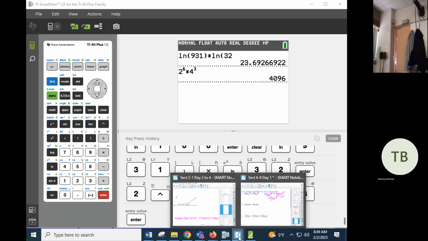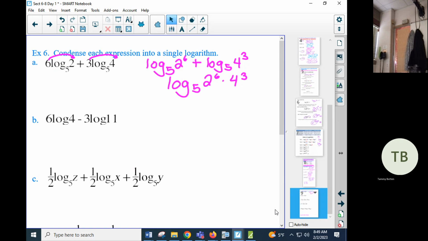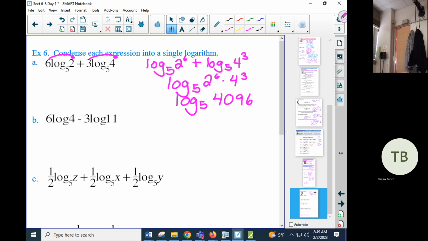So if you were on the test and you stopped here, it's not like you'd lose all the points. If it was 2 points, I'd probably take off a half a point if you stopped here. But you do need to evaluate that on your calculator, which is 4,096.